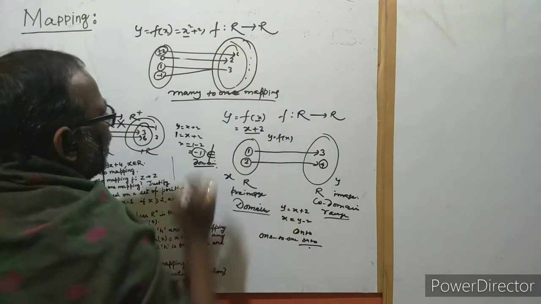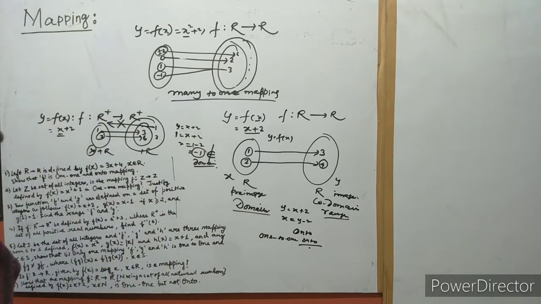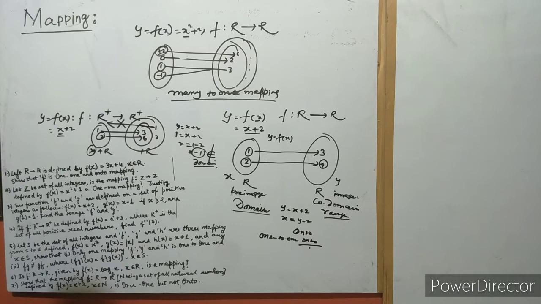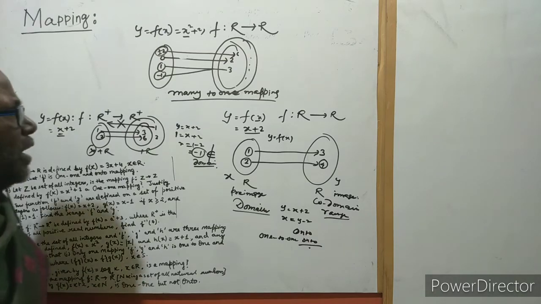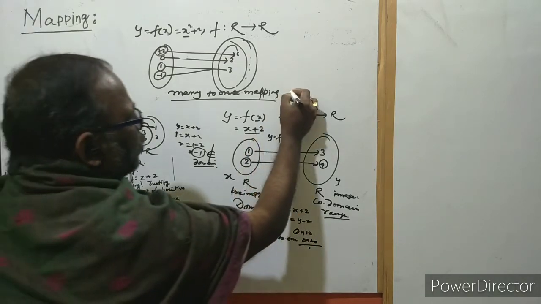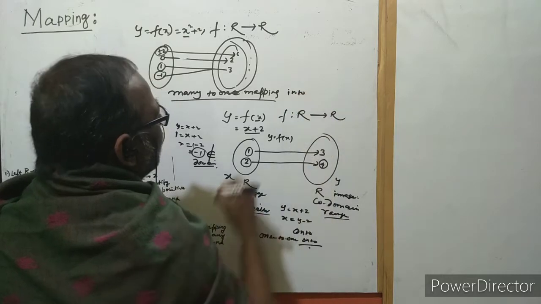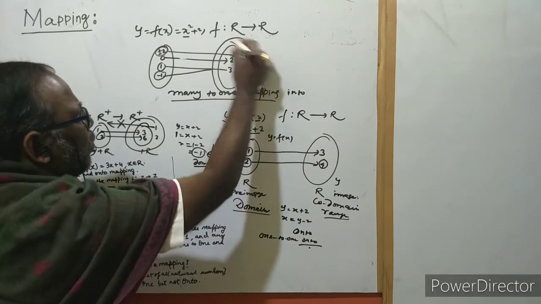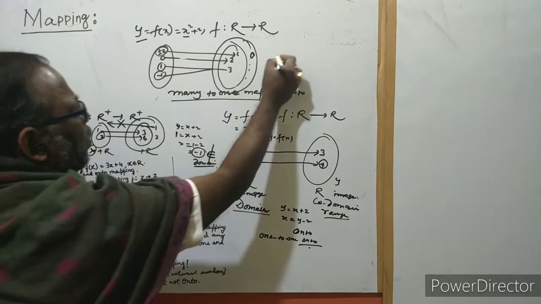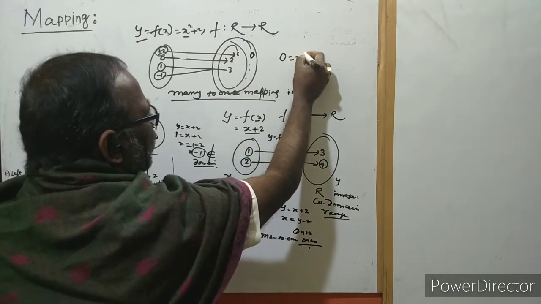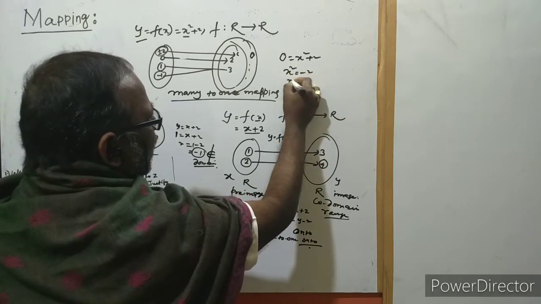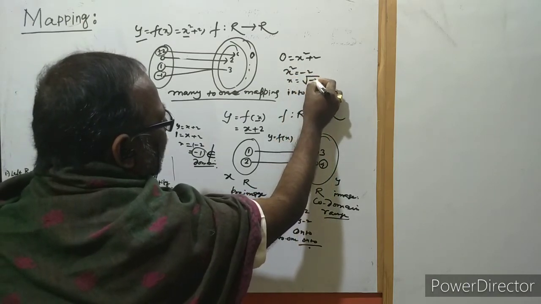Some values of y here do not satisfy this function, so we can say that this type of mapping is called into mapping. Why? For example, say 0. If we put here 0, then what do we get here? x square is equal to minus 2. So x is equal to root over minus 2.